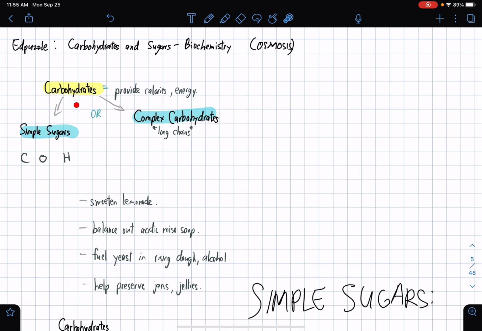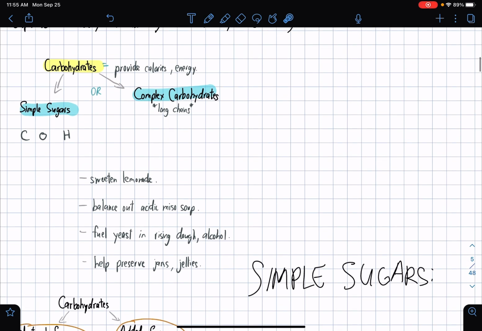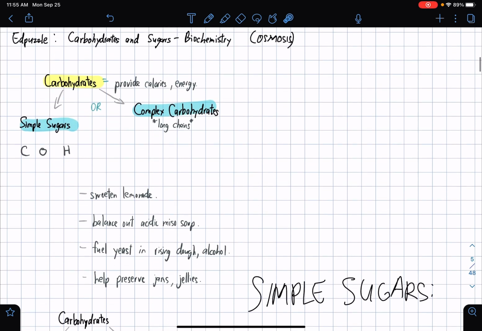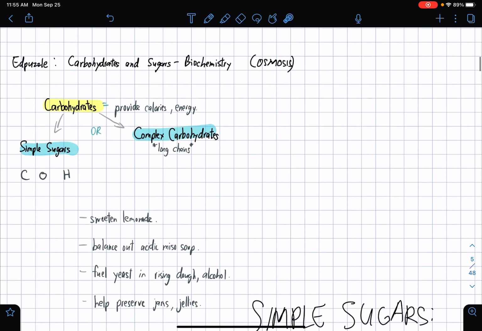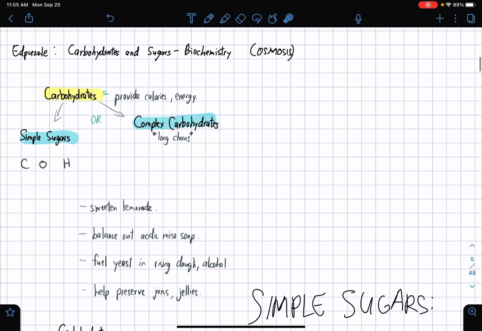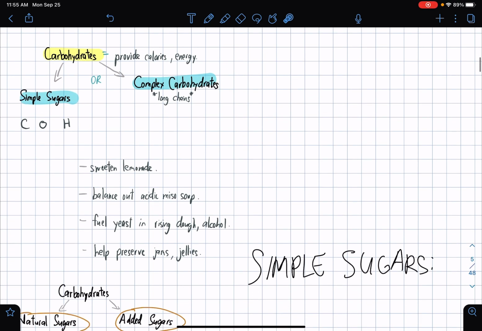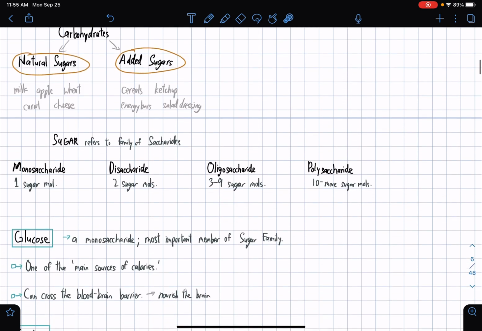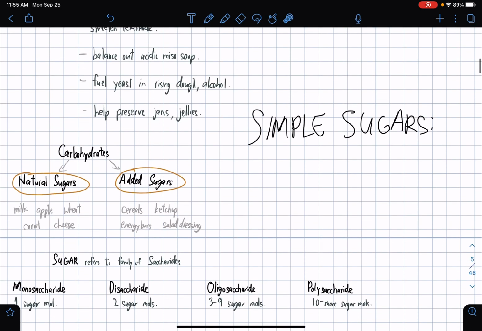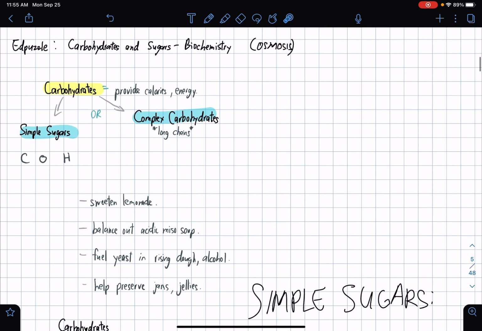So for carbohydrates, they are simple sugars, or they are complex carbohydrates. They provide calories and energy. It would be redundant if I continue discussing everything that's mentioned here, but it's already mentioned in the Osmosis video.